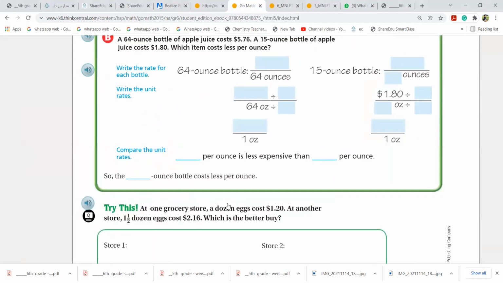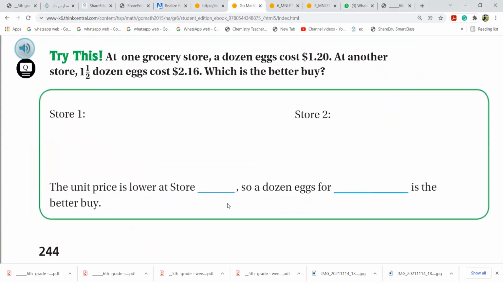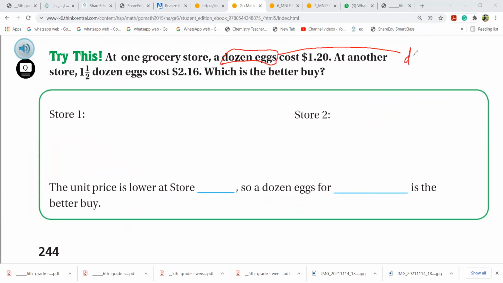Okay. Yalla girls, look at this question carefully. What's the meaning of dozen eggs? Dozen means 12. So 12 eggs, that is nothing but 1 dozen.